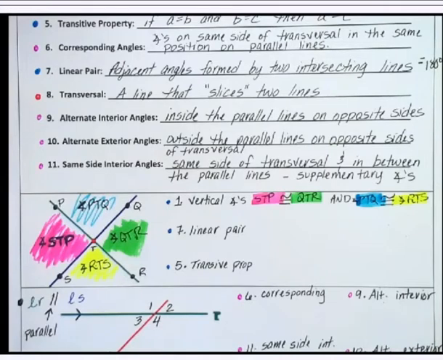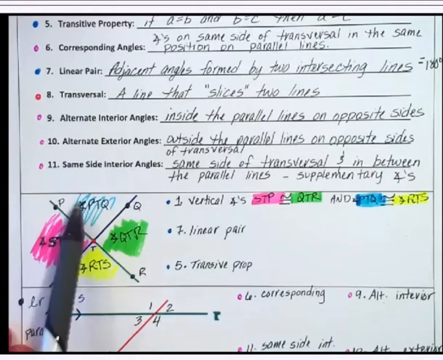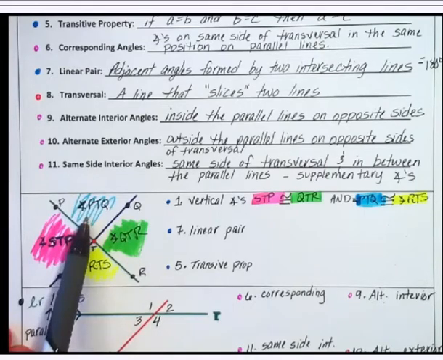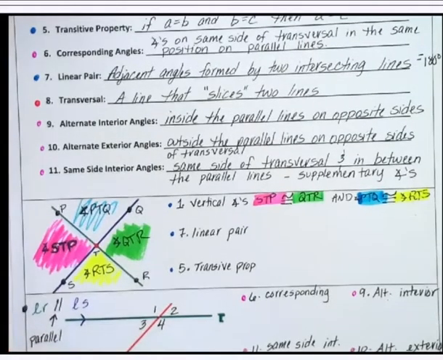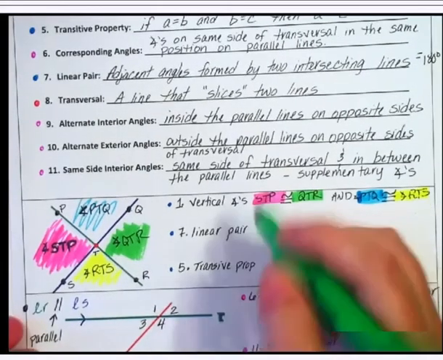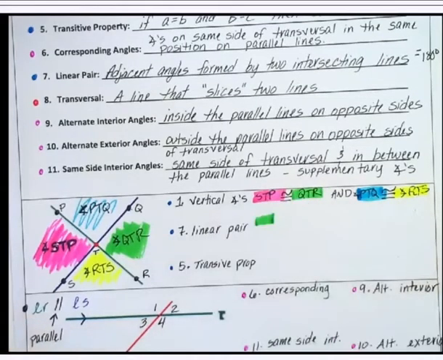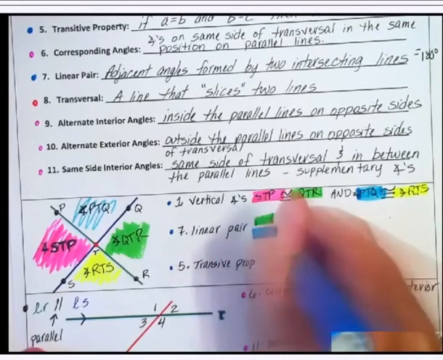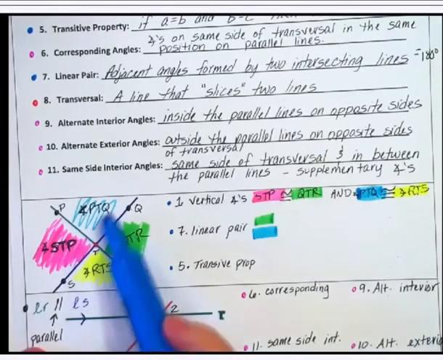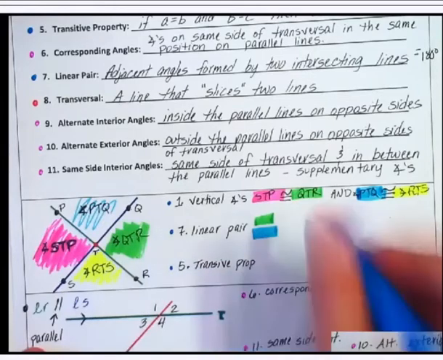Let's identify our linear pairs. Okay. Linear pairs are angles that are adjacent to one another. So they're right next to each other. So one linear pair would be blue and green. Okay, blue and green are linear. Also, blue and pink form a linear pair.